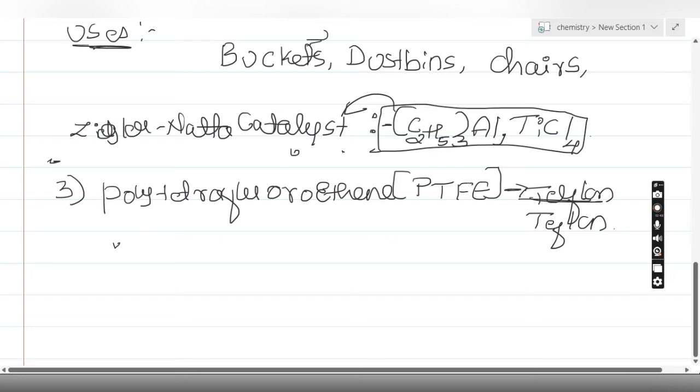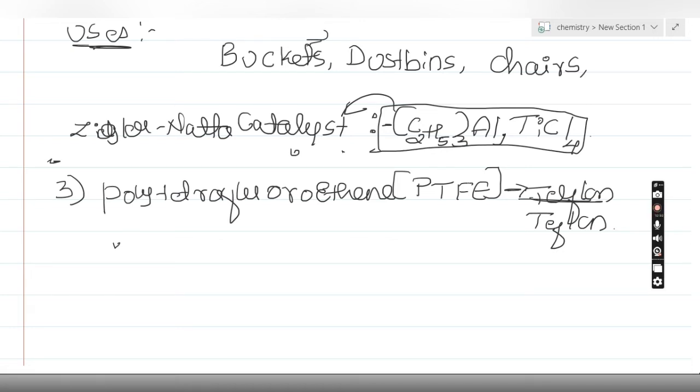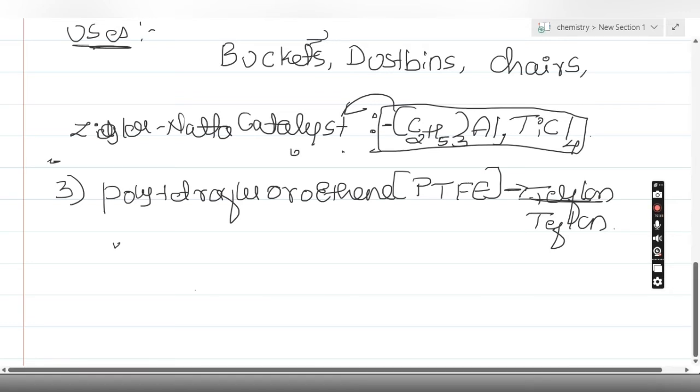It is almost coated with a Teflon coating, and if you go for a bike service or a car service, in order to avoid rust, they always suggest going for Teflon coating. So for the monomer used here, you remove the word poly, very simple. In order to get the name of the monomer in addition polymers, you remove the word poly from the polymer name, then you directly get the name of the monomer.